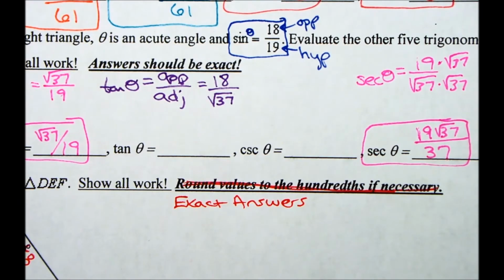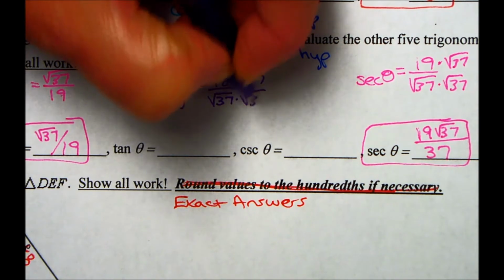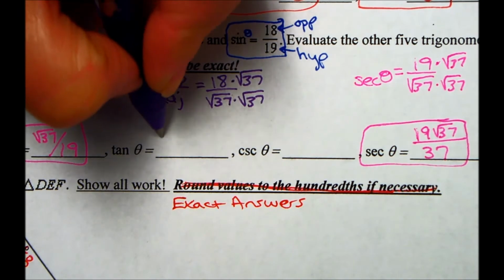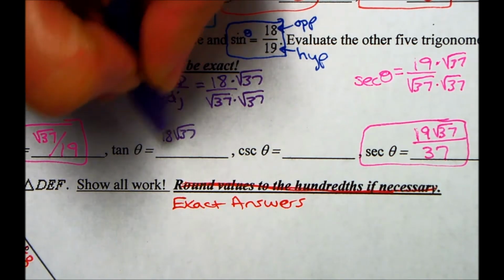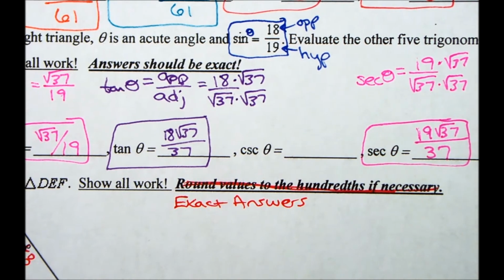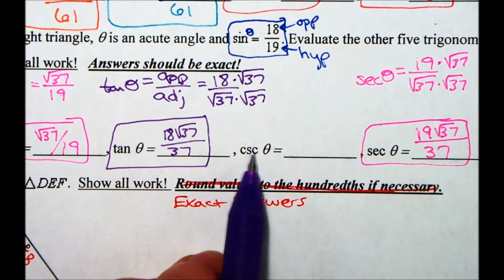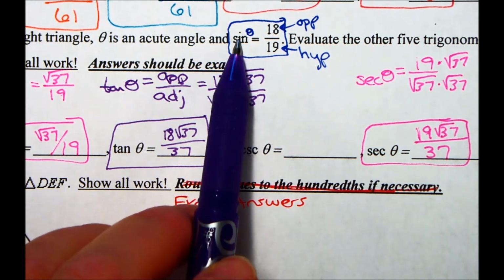But tangent, we're going to have to rationalize the denominator by multiplying by the square root of 37 over the square root of 37, which gives us 18 square root of 37 over 37. So there's tangent. Now the only one that we have to do is cosecant. Well, cosecant is the reciprocal of sine.